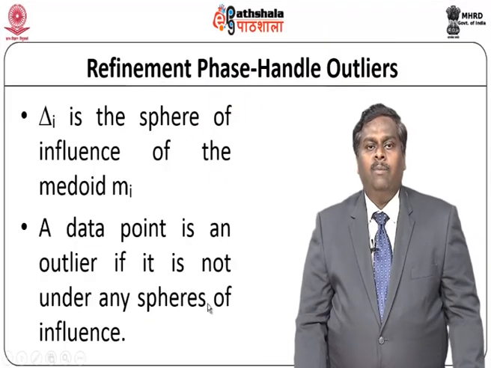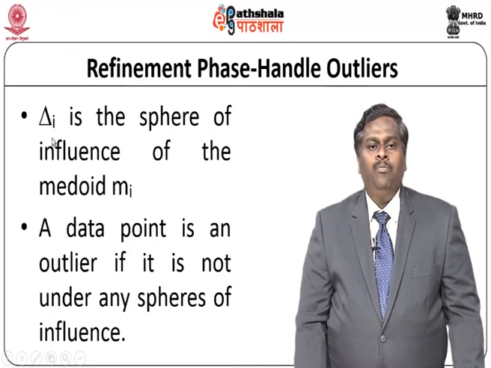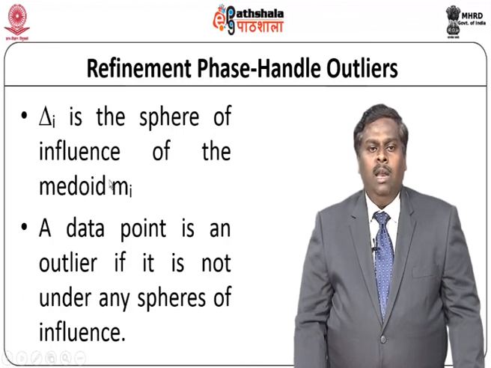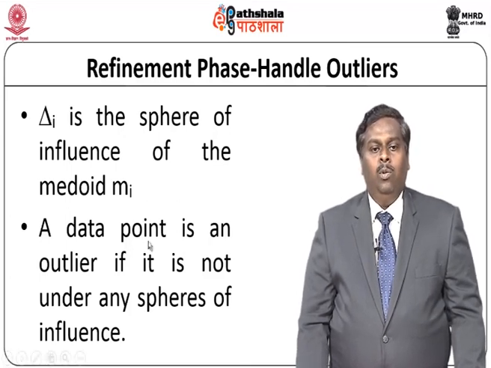So, in the refinement phase, we make use of the minimal Manhattan distance delta I, and in case a particular midpoint M I is within the sphere of influence, then we consider that midpoint, else we treat that particular point as an outlier and ignore it.